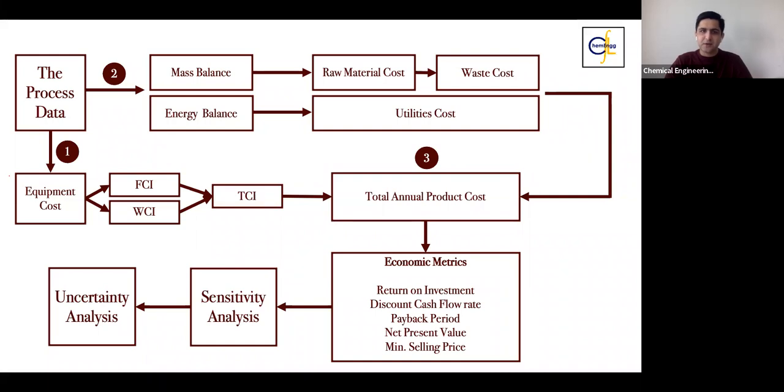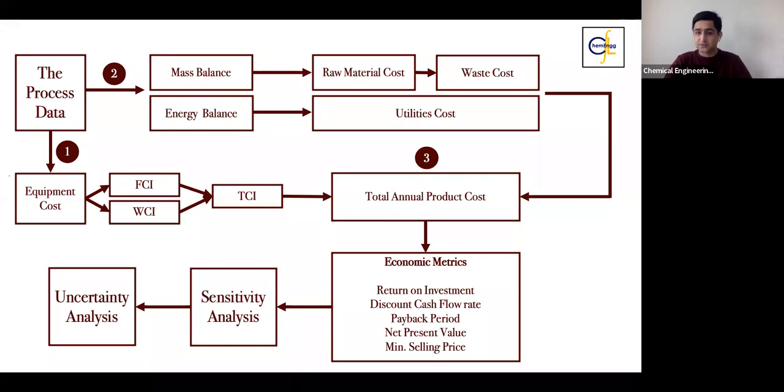This is the minimum amount of money that you need to run your plant annually. So if we calculate that you need $10 million per year, that means you need to have $10 million in hand by profits or by investment or by any other means to make sure that your plant keeps running.